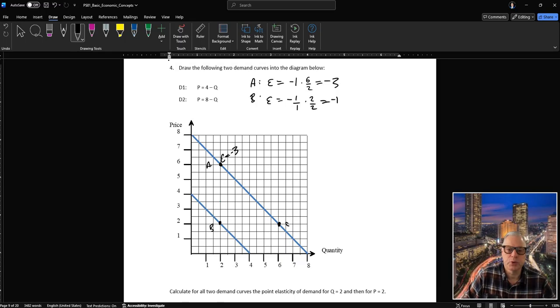So let's do C. Slope negative 1, so the elasticity is 1 over negative 1, but now we have the price 2 and the quantity is 6, so 2 over 6. So now we get negative 1/3.